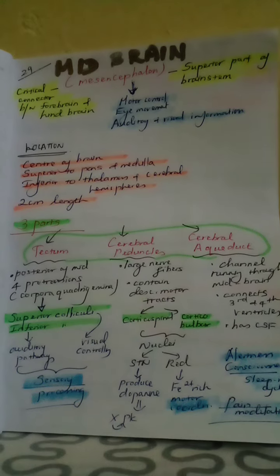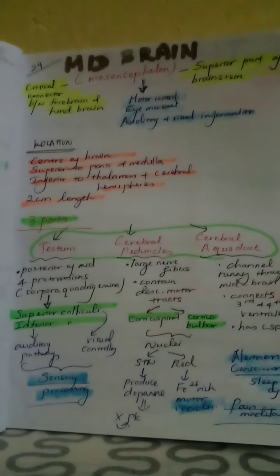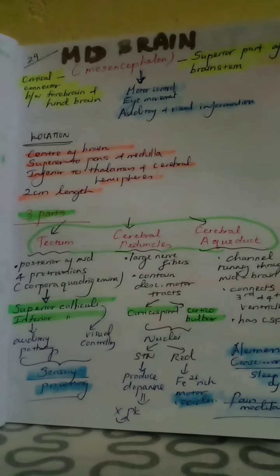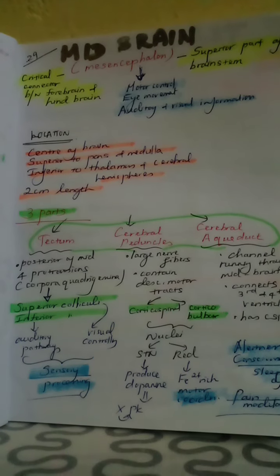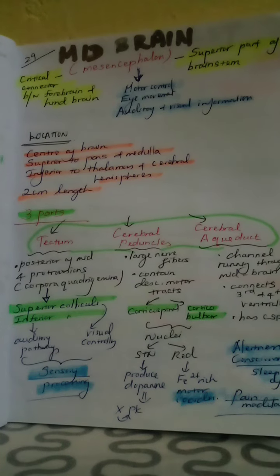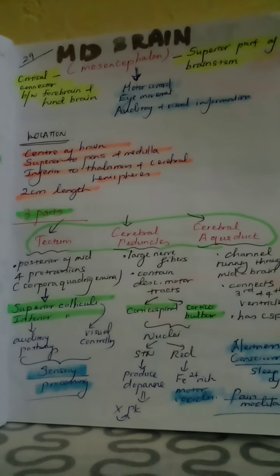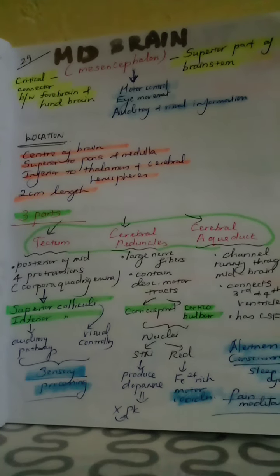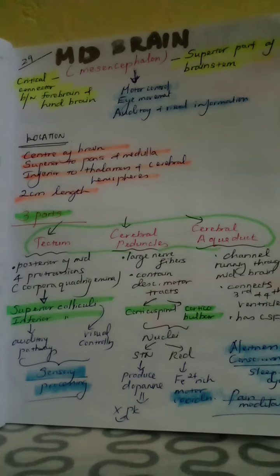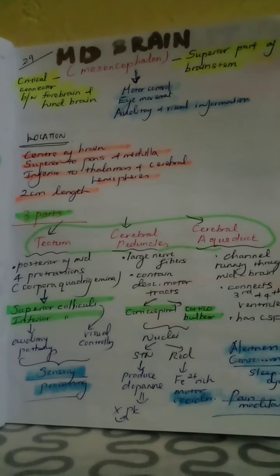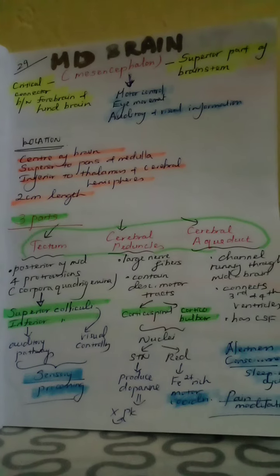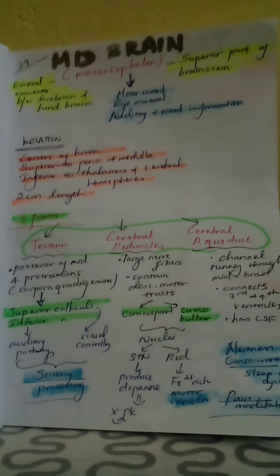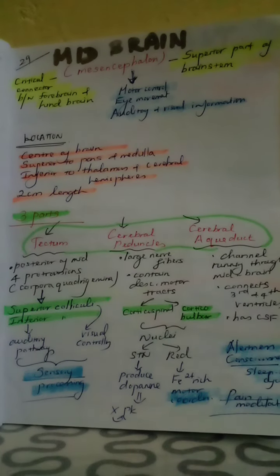So, what are the three parts of this midbrain? As you can see, the first one is called the tectum, then comes the cerebral peduncles, and then the cerebral aqueduct. So, the tectum is the posterior of this midbrain, and it has four protrusions known as corpora quadrigemina, because quarter is four.